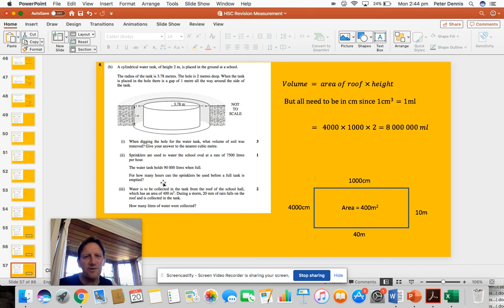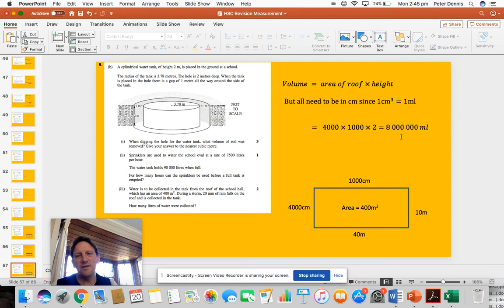Okay, so how much does the tank hold? It said it held 90,000 litres. This is in millilitres. So we're really mucking around with units here. How do we go from millilitres to litres? There's 1,000 millilitres in a litre.